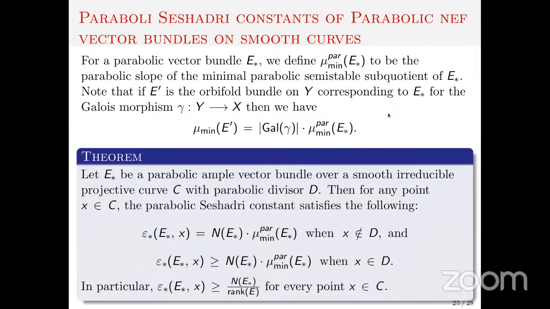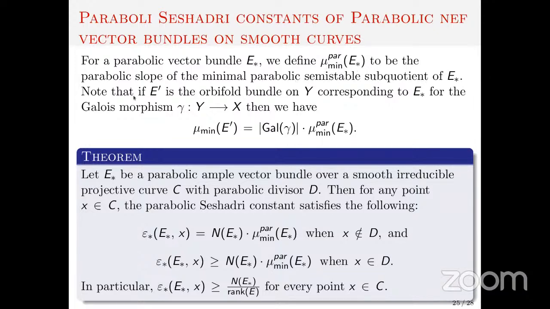For that we define the parabolic mu min, which is the parabolic slope. Parabolic slope is the parabolic degree quotiented by the rank of the underlying vector bundle. And this parabolic slope of the minimal parabolic semi-stable subquotient of E star is denoted by the parabolic mu min of E star.